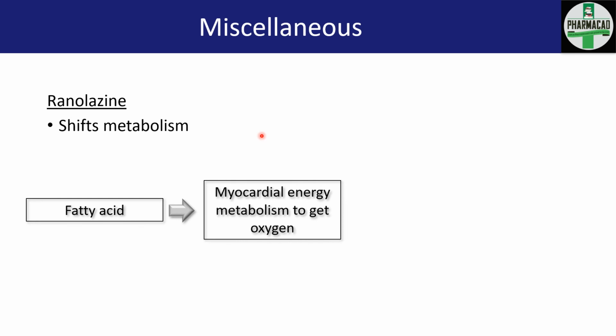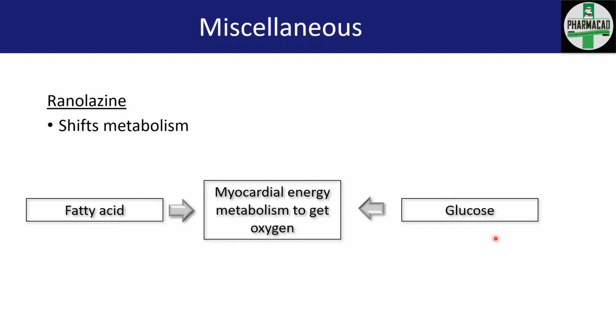Either metabolism of fatty acid can generate oxygen, or metabolism of glucose can generate oxygen. We all know, we have studied these basics, that fatty acid metabolism leads to generation of very few molecules of ATP, and that's why less oxygen generation will happen. Whereas glucose metabolism leads to generation of a larger number of ATP and more oxygen will be generated.